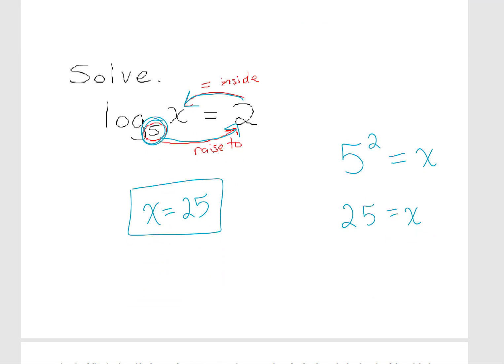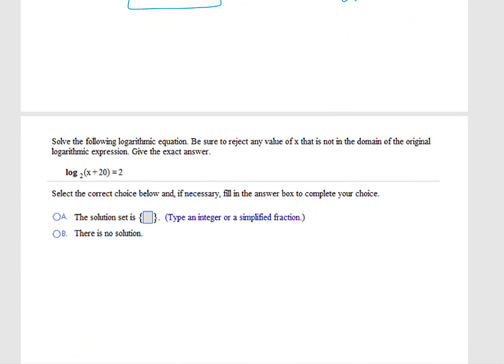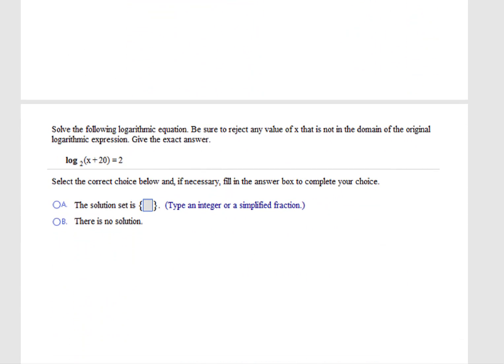So here I solve for x and it is greater than 0, so I'm good to go. So just keep that in mind. And it's not that x has to be greater than 0, but the entire value. So here, when we check it, we're going to check whatever we solve x for plus 20, is that greater than 0?